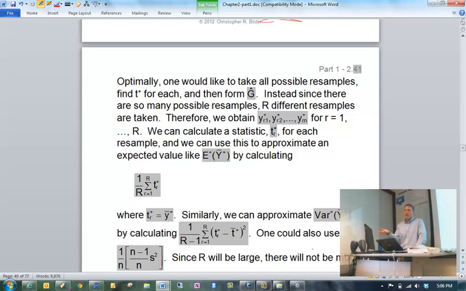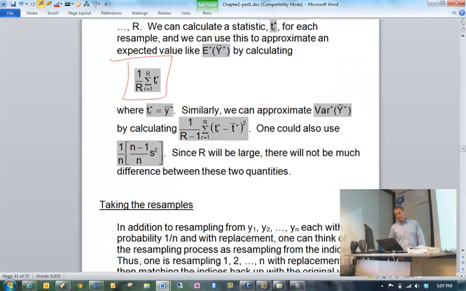So what you would often do is just simply take resamples, use the law of large numbers, and calculate expected values as 1 over r times the sum of the t stars. To find variances, similar to what we did with the parametric bootstrap, use that formula there.